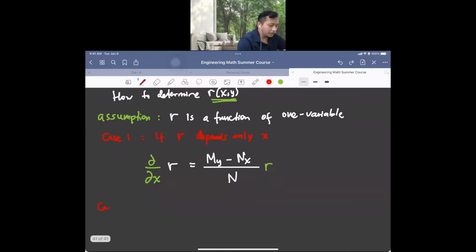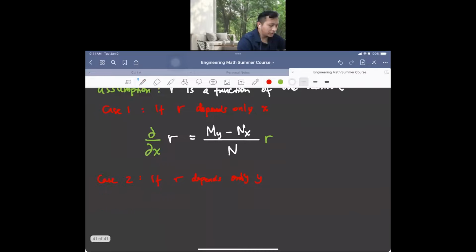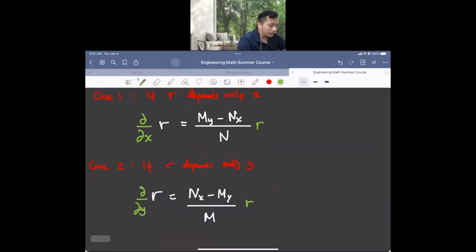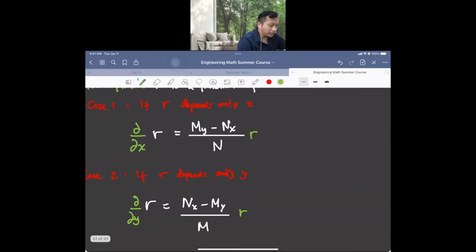And if R depends only on y, then this becomes dR/dy equals (N_x minus M_y) over M multiplied with R. For these two, this is what we call the integrating factor.